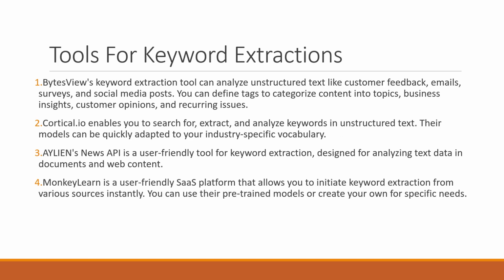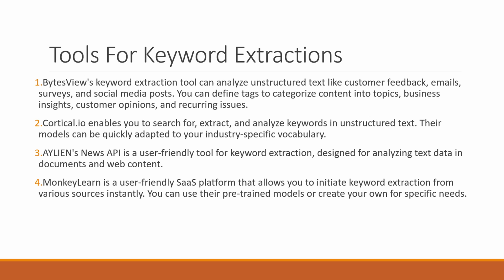Tools for keyword extraction. ByteView's keyword extraction tool can analyze unstructured text like customer feedback, email, surveys, and social media posts. You can define tags to categorize content into topics, business insights, customer opinions, and recurring issues. Cortical.io enables you to search for, extract, and analyze keywords in unstructured text. Their models can be quickly adapted to your industry-specific vocabulary.